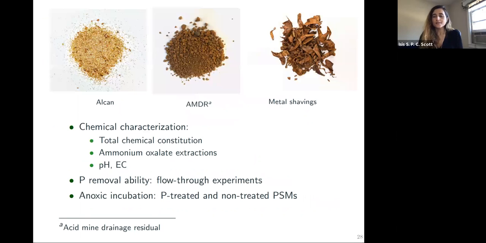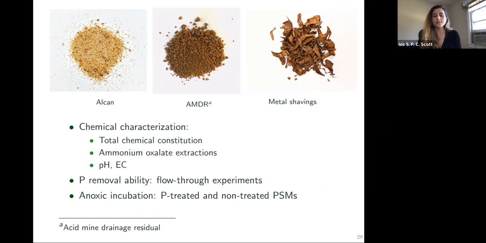These are the PSMs that we chose to test in this research. The first one is alkane. We were really interested in alkane, so we tested it again in this piece of research. AMDR, or acid mine drainage residual, and metal shavings.